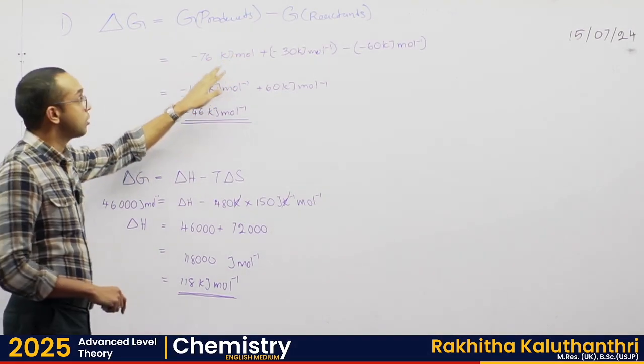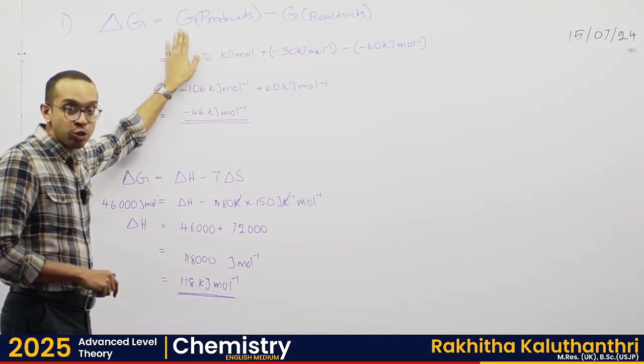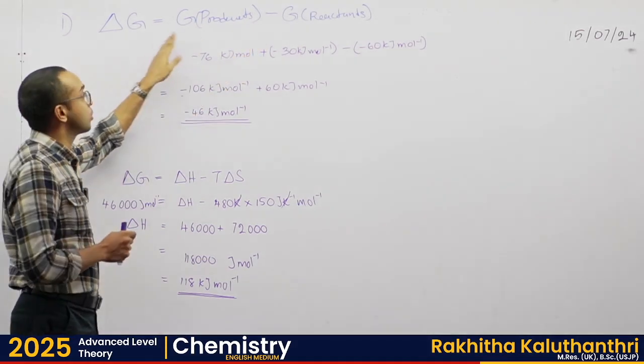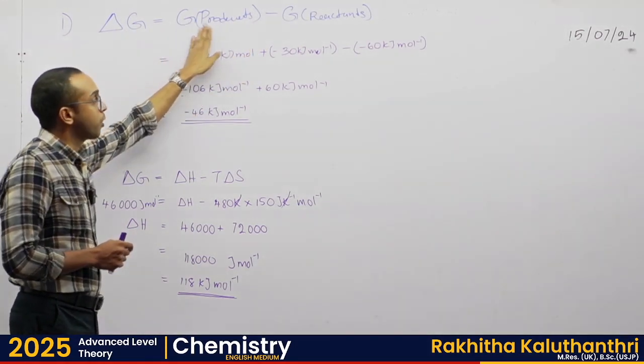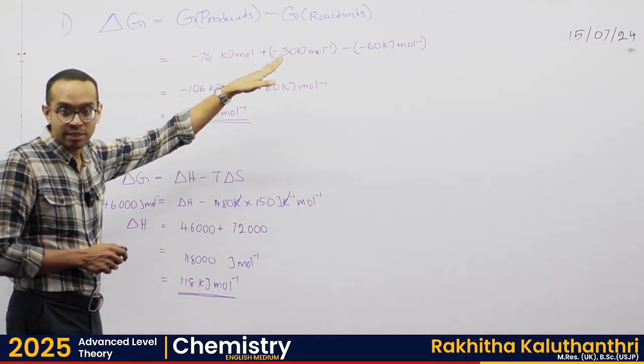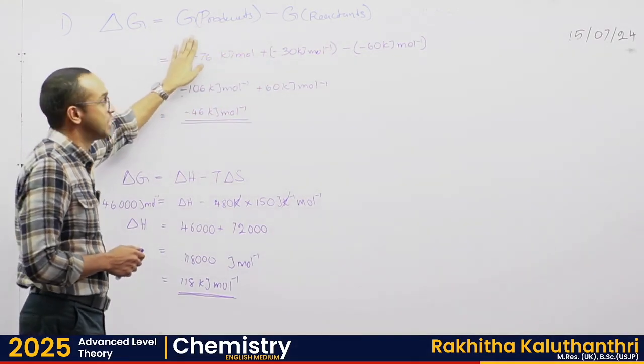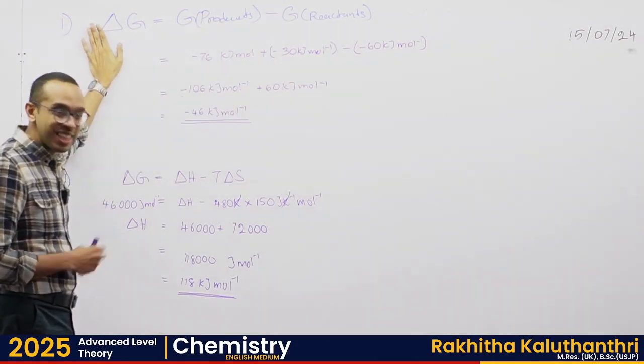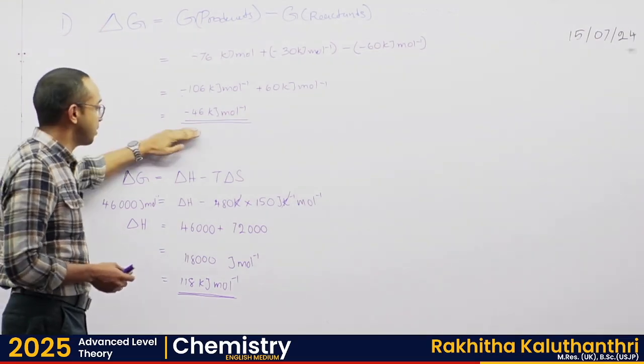Delta S is also equal to entropy of products minus entropy of reactants. Delta G is also equal to, sorry, Gibbs free energy of products minus Gibbs free energy of reactants. Is that clear? So we can easily get to this answer.